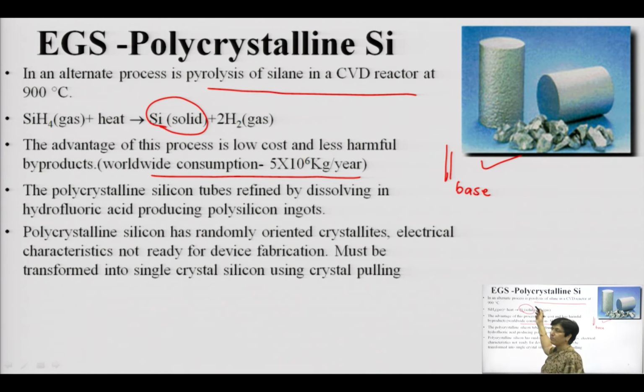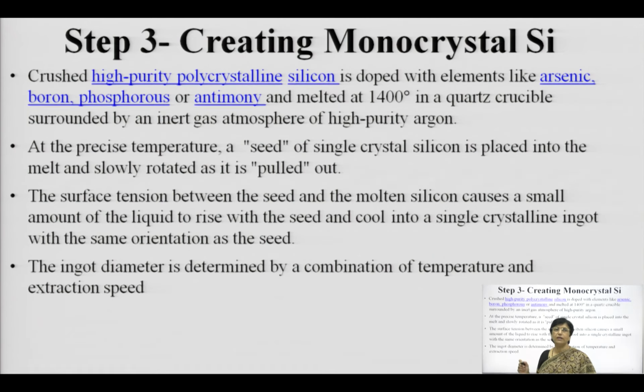So, we prefer an economical process, and therefore pyrolysis is preferred. These multicrystalline polycrystalline silicon rods are then crushed, and subsequently we go for the production of other processes. So, these are high purity polycrystalline rods, and these rods can have impurities such as arsenic, boron, phosphorus and antimony.